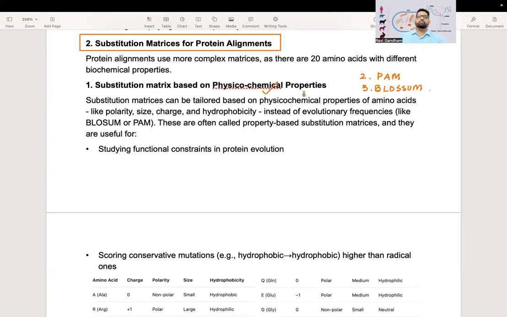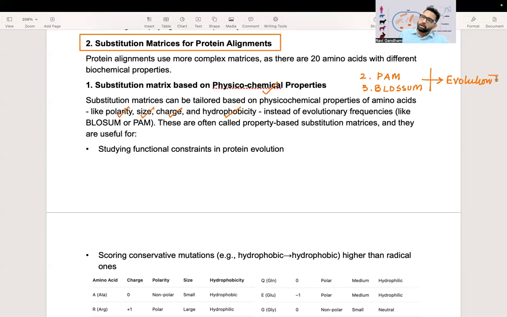Substitution matrix based on physicochemical properties is a matrix that is basically based on properties like polarity, size, charge, hydrophobicity. Whereas if you are talking about PAM and BLOSUM, both of them are termed as evolutionary distance matrices.